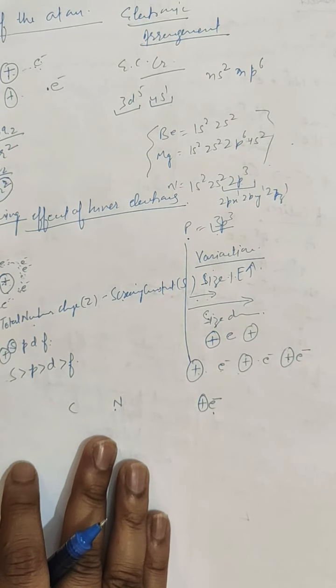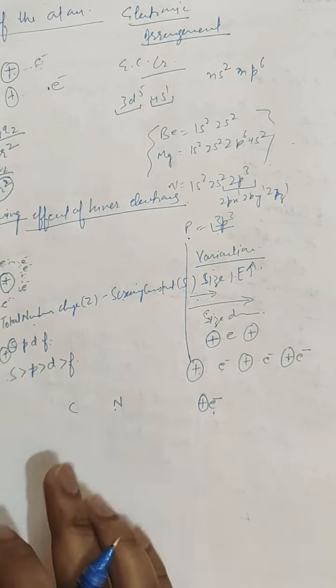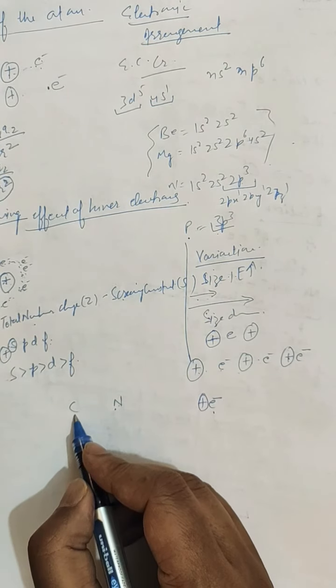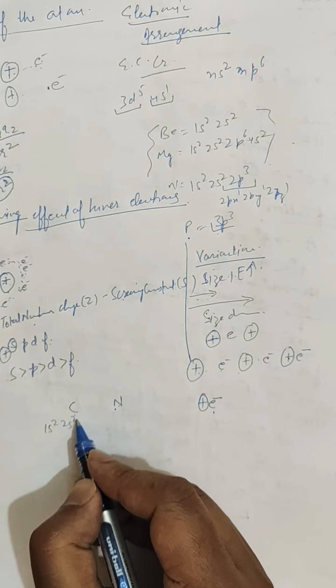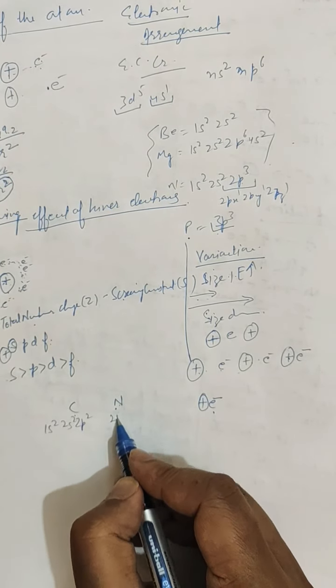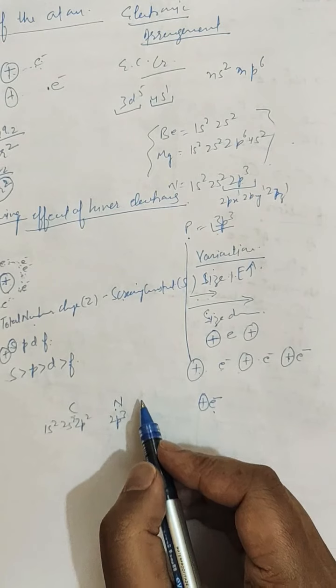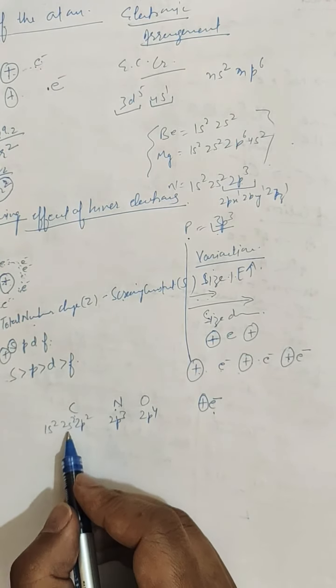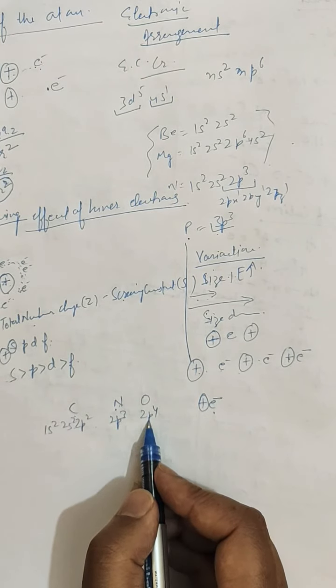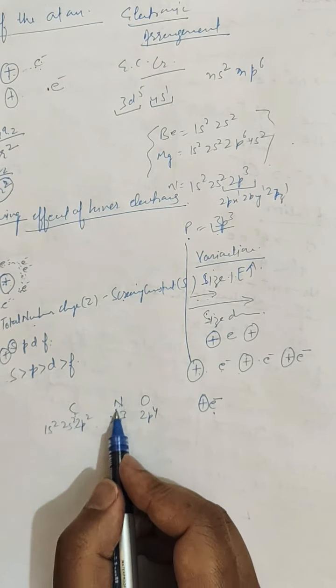The size of nitrogen is less than carbon. Moreover, the electronic configuration of carbon is 1s2 2s2 2p2, whereas the outer electronic configuration of nitrogen is 2s2 2p3, and in case of oxygen it is 2p4. So there should be an increase in the ionization energy along carbon, nitrogen, oxygen.